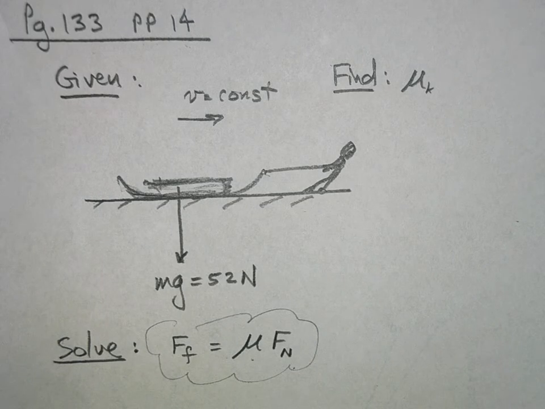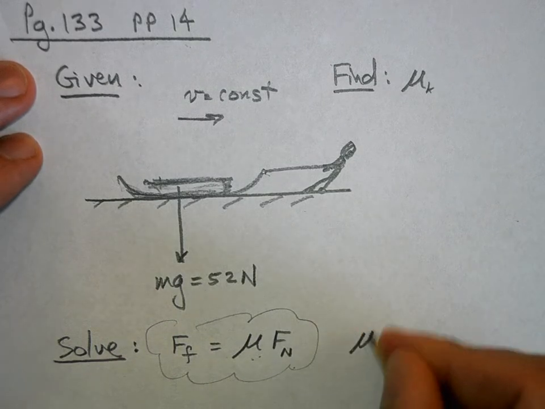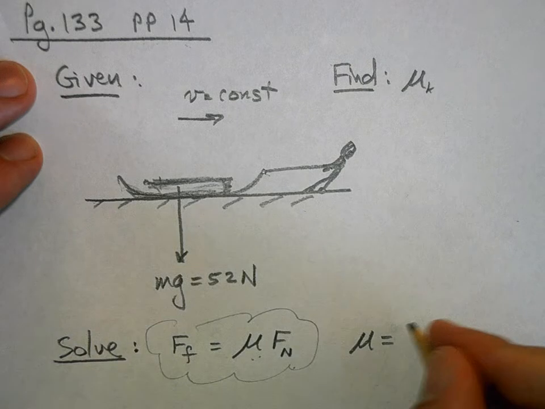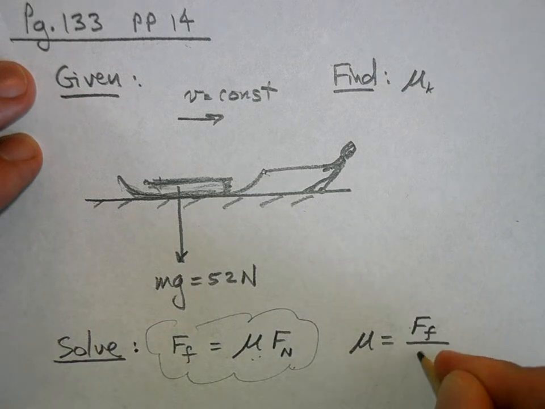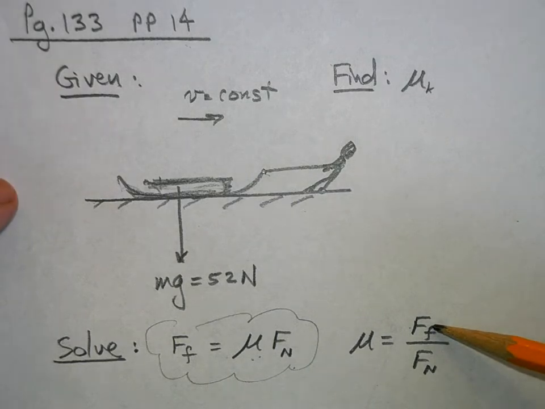Okay? So this tells us what we need to know. If we want to find mu, then mu is going to be, just divide both sides by the normal force, mu equals the force of friction divided by the normal force. So this tells me what to do. I need to find the force of friction, and I need to find the normal force.